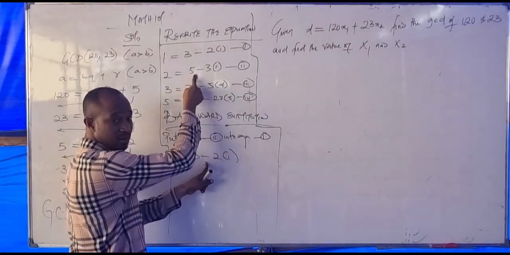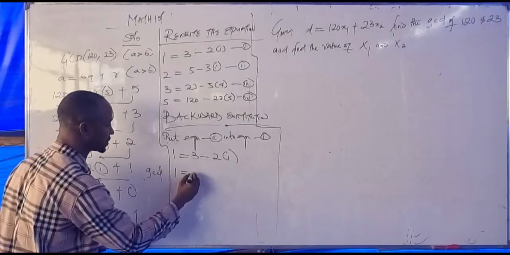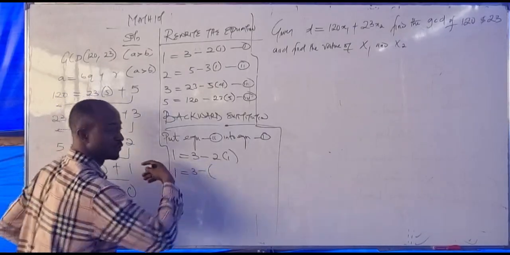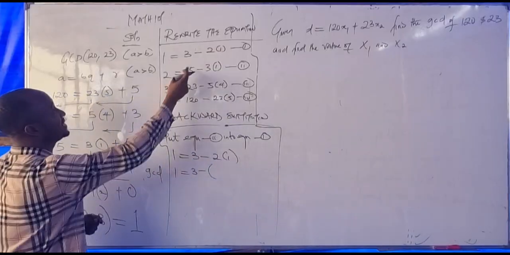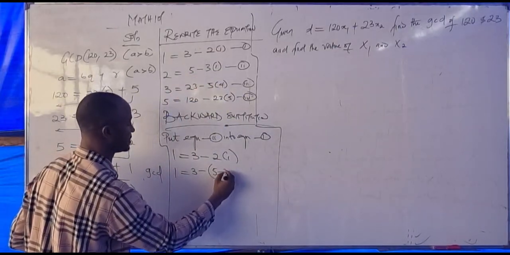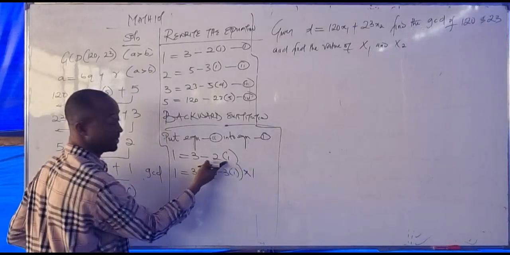So that will give us what here? 1 equals to 3 minus. This is minus 2, so the minus sign is affecting every value here. That will give us 5 minus 3 times 1.